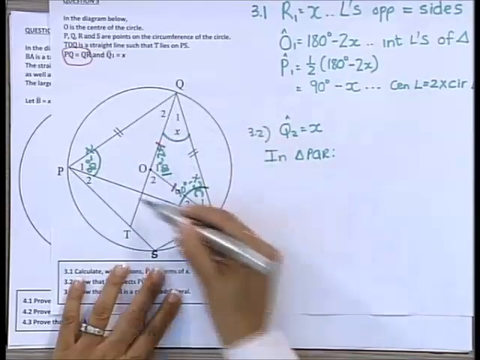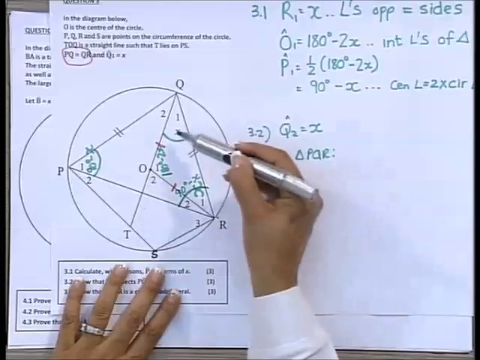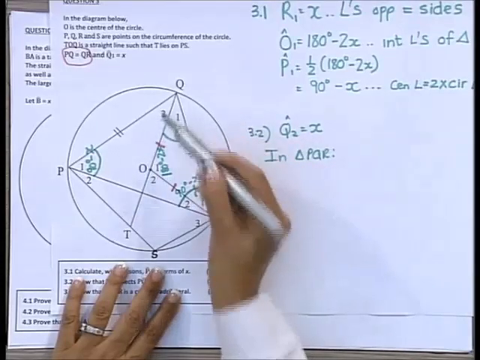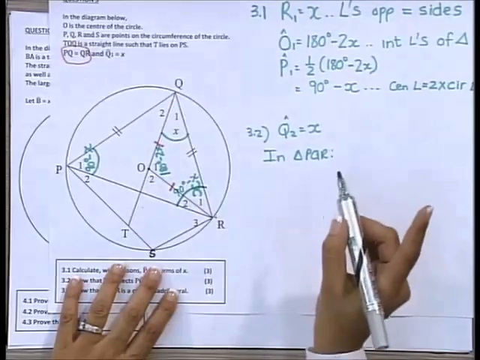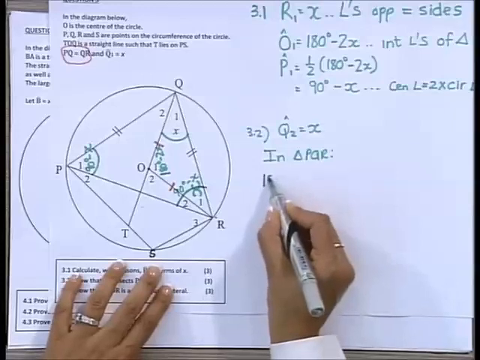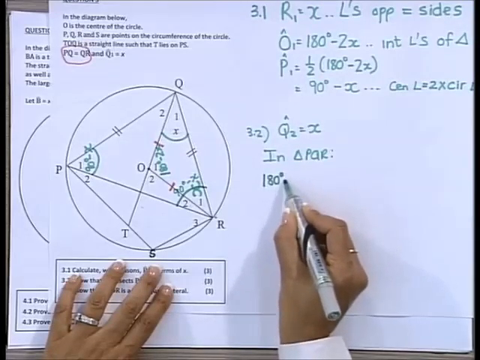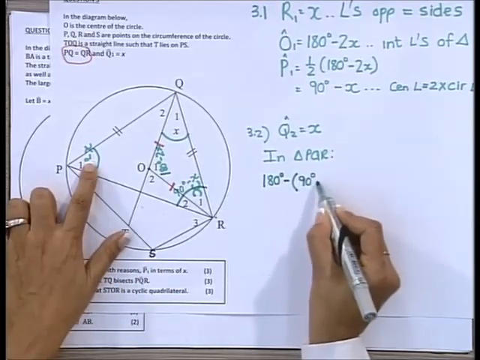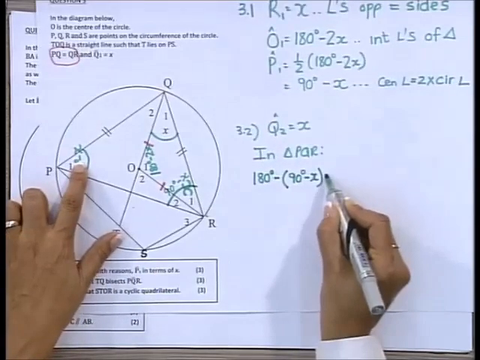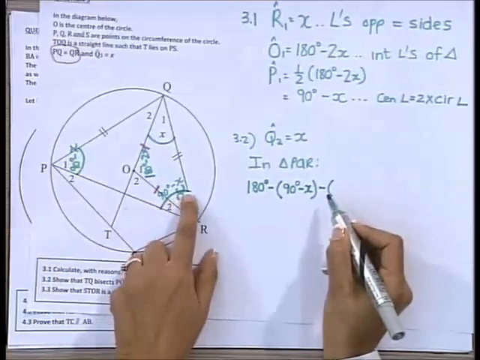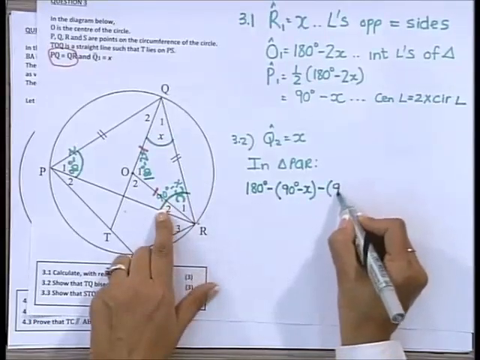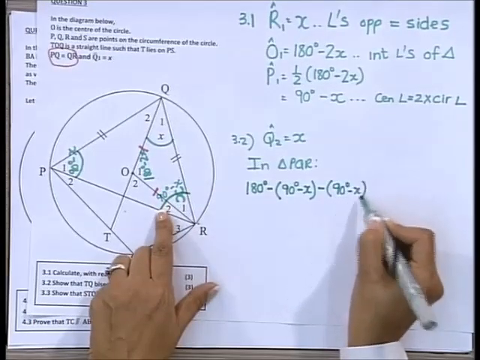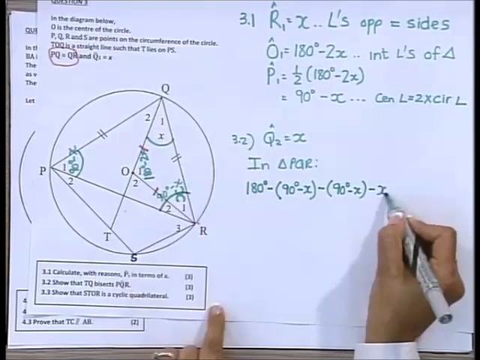Because this is an isosceles triangle, and that is equal to x. So if I want Q2, look what I'm going to do. I'm going to say Q2 is 180 minus, look at my bracket matrix, 90 minus x, minus, what's the size of this angle? 90 degrees minus x, and I've got one angle left, which is x there.